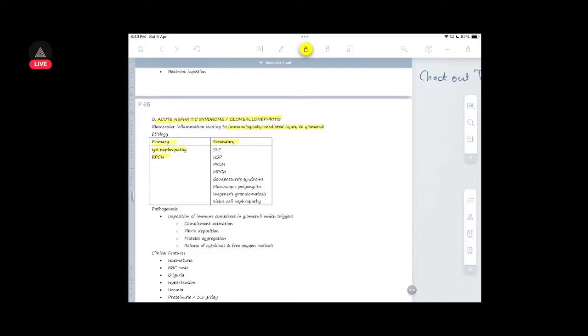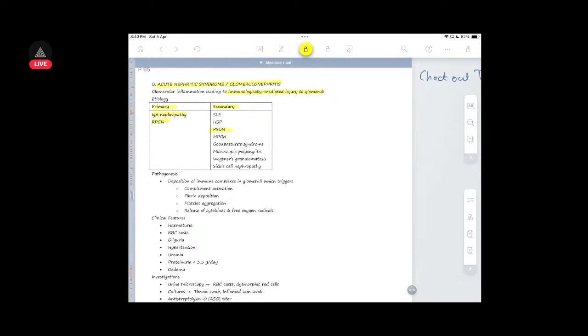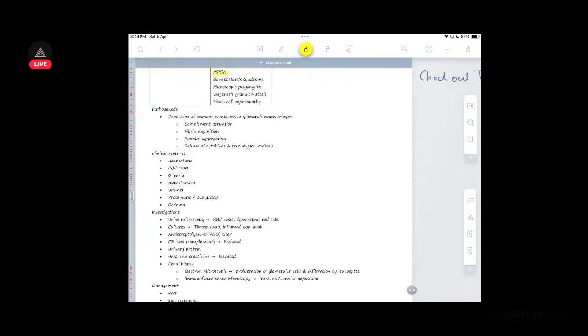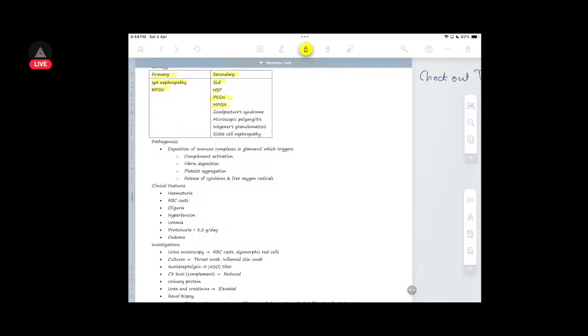Primary: IgA nephropathy and post-infectious glomerulonephritis, PSGN, which is post-streptococcal infection, then RPGN, rapidly progressive glomerulonephritis.